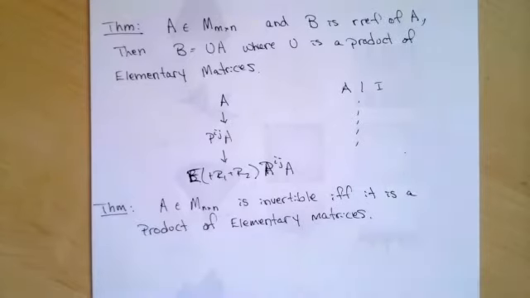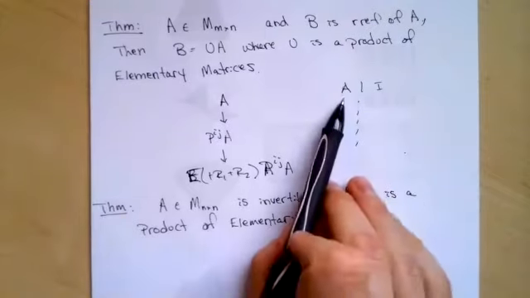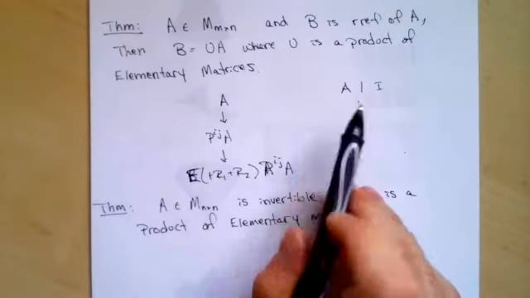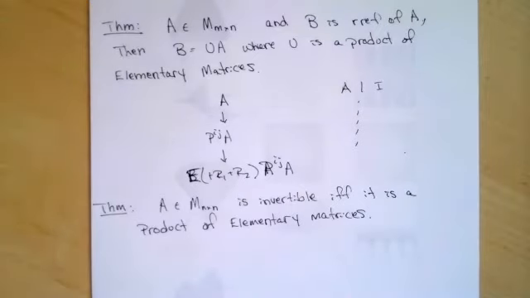And so the inverse we can show is a product of elementary matrices. And so, of course, if the inverse is a product of elementary matrices, then the inverse of the inverse gives us back the original matrix. And the inverse of a product of elementary matrices is then going to be a product of elementary matrices. Does that make sense?